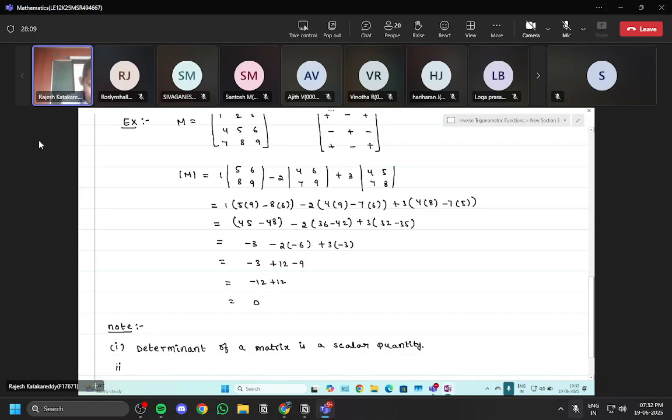Second one, determinant is defined only for square matrices. Determinant is not defined for rectangular matrices.